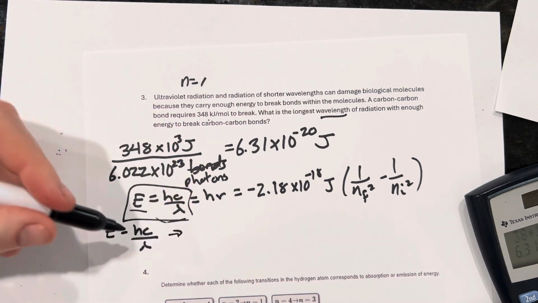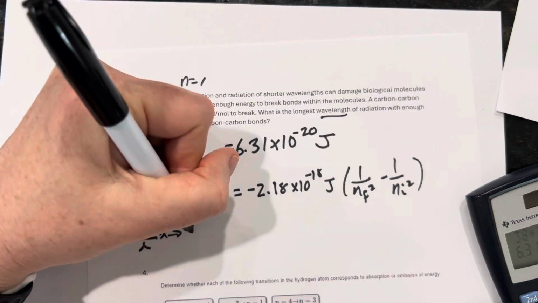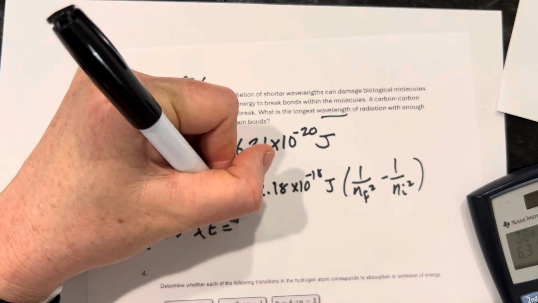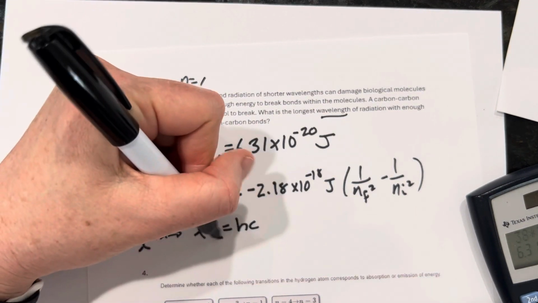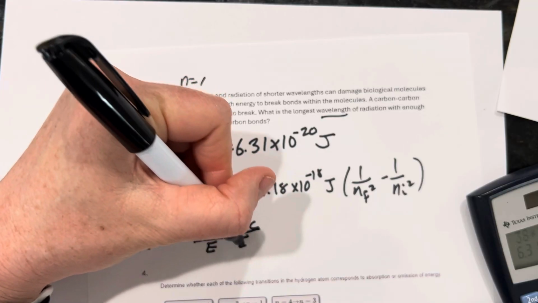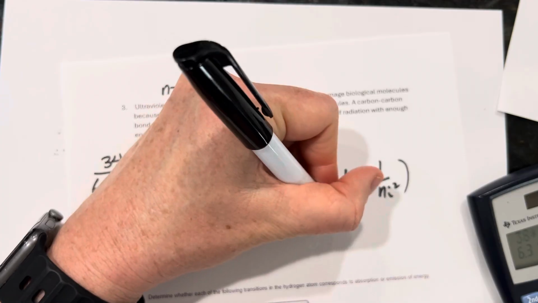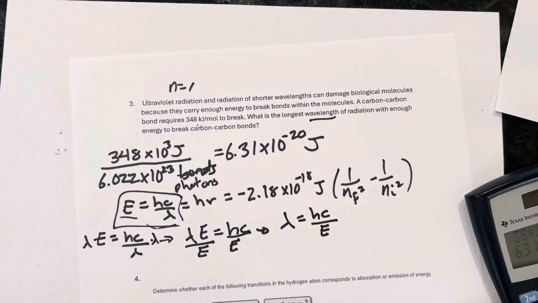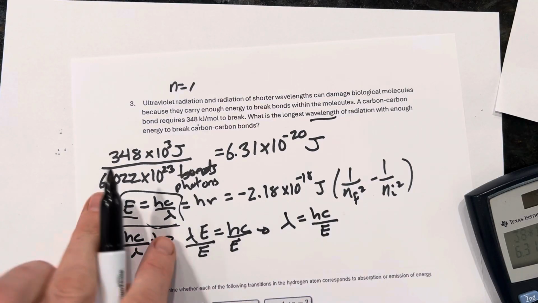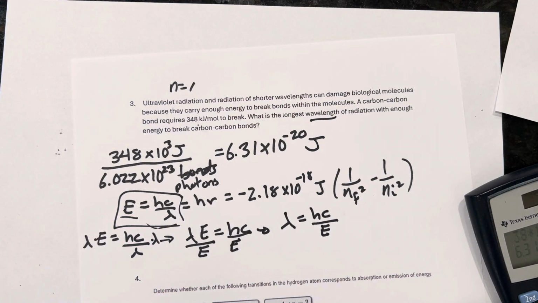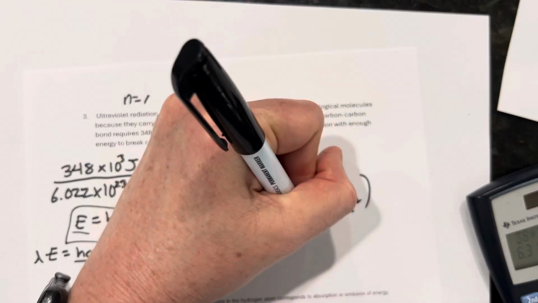If I rewrote it and multiplied both sides times wavelength, I'd have wavelength E equals hc. And then I want to get lambda alone, so I'm dividing each side by E. So my equation is lambda equals hc over E. Or you can remember anytime you have this situation, you can just switch this and this for each other, and it'll work.